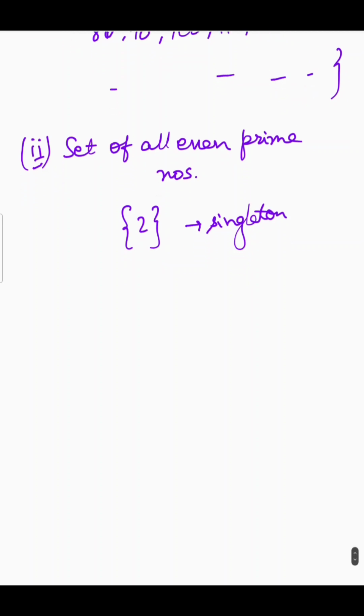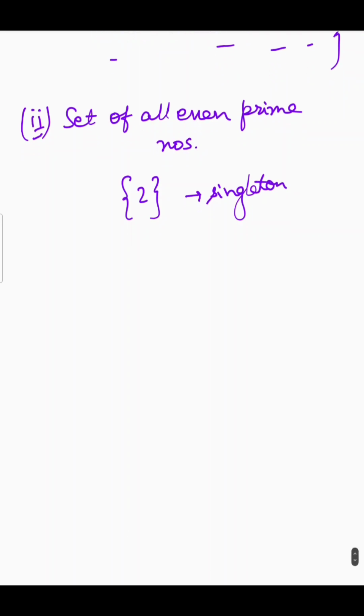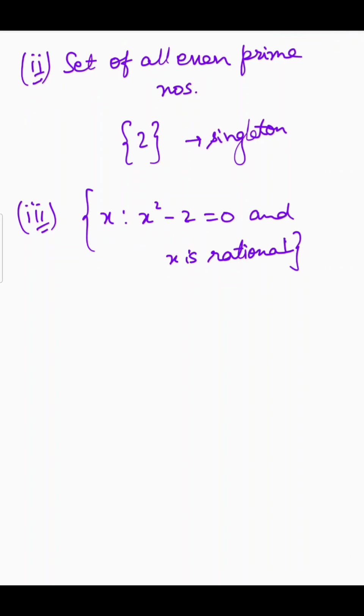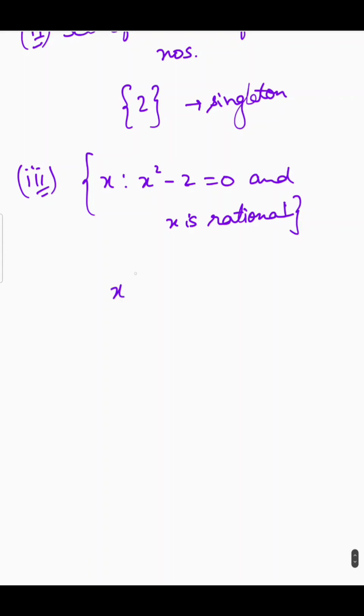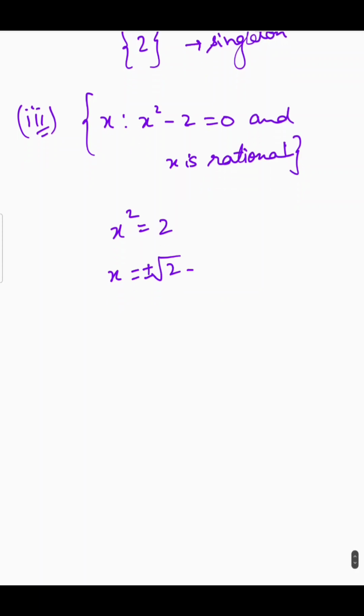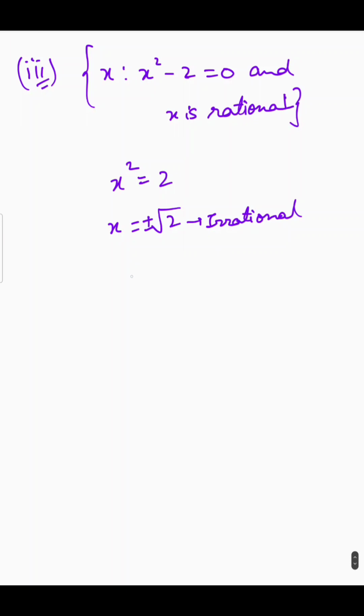Next, set of all x such that x square minus 2 is equal to 0 and x is rational. So x square is equal to 2, x is equal to plus minus root 2, so it is irrational. So therefore this set is void or empty set.